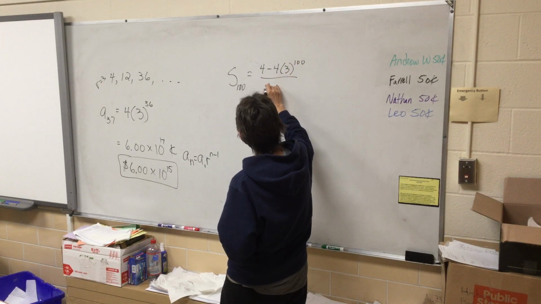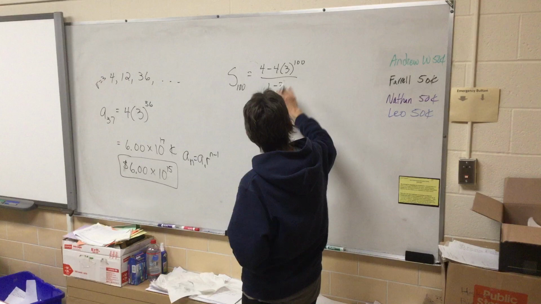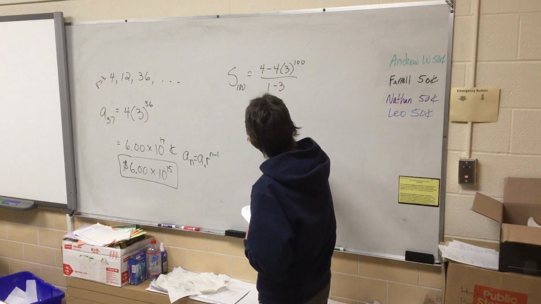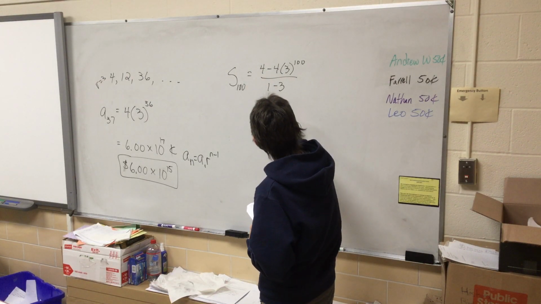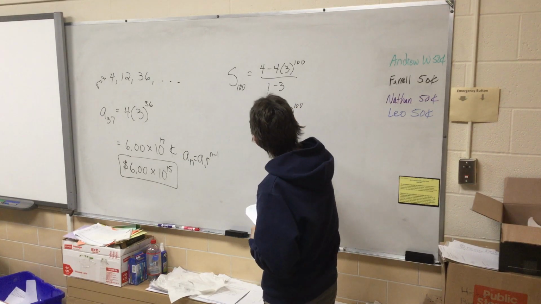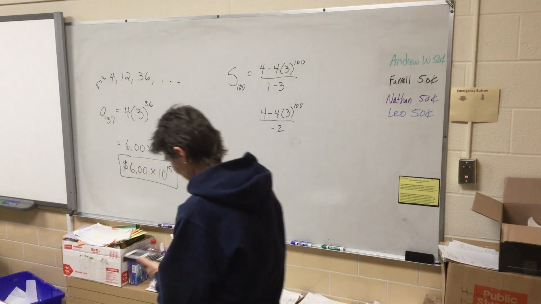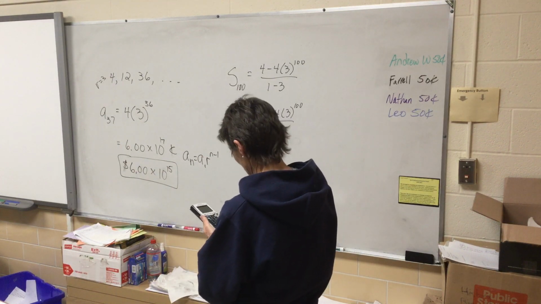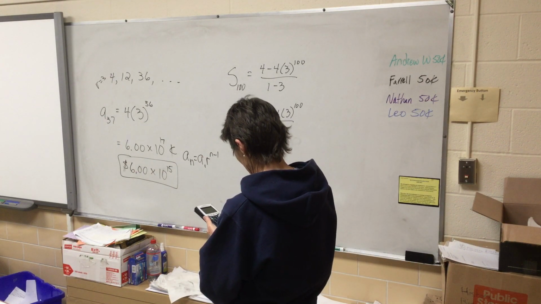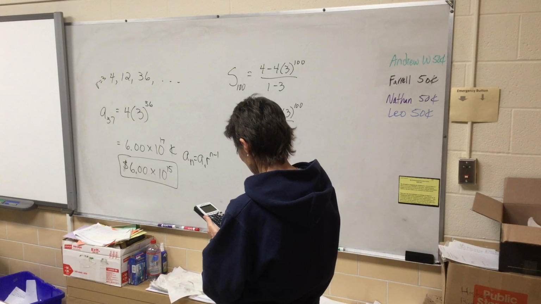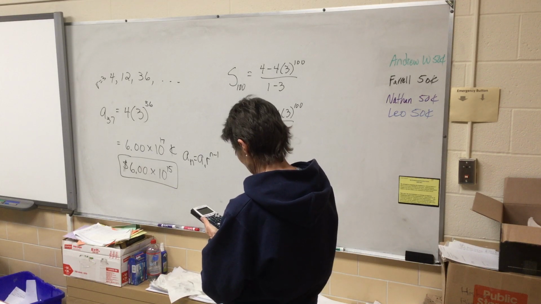I hope my calculator will do this, actually. That's going to be a giant number. So 4 minus 4 times 3 to the 100th over negative 2. All right, let's see what happens. Oh, it does it. Good.